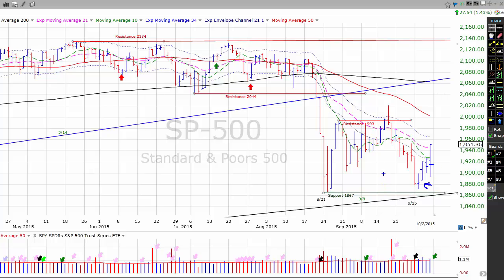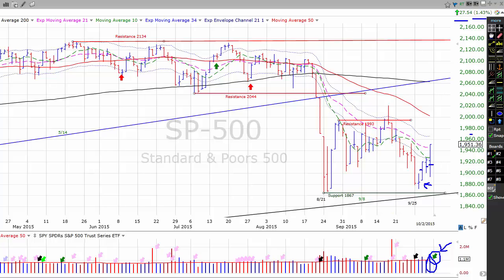So 4 days into an attempted rally, we want to see the market advance at least 1.25%. The S&P 500 on Friday was up 27.54 points, or 1.43%, meeting that 1.25% threshold. And the final requirement is that trading volume be higher than the prior day. Friday's trading volume was higher than Thursday's trading volume, giving us a confirmed uptrend in the O'Neill timing model.